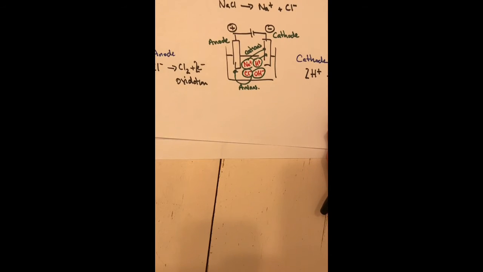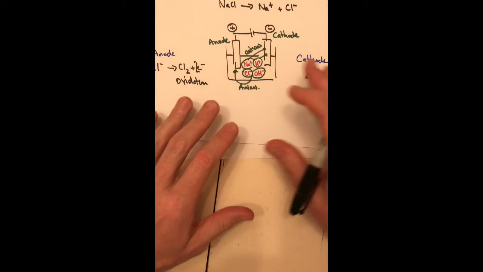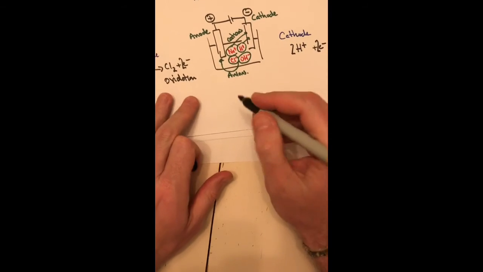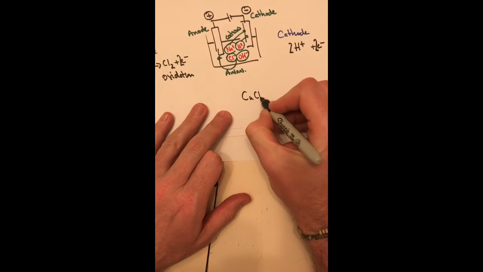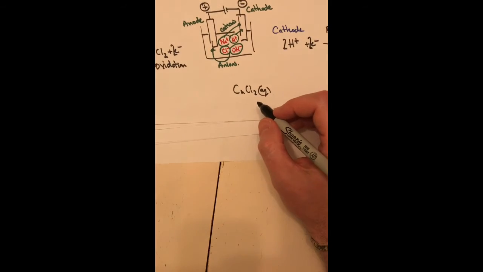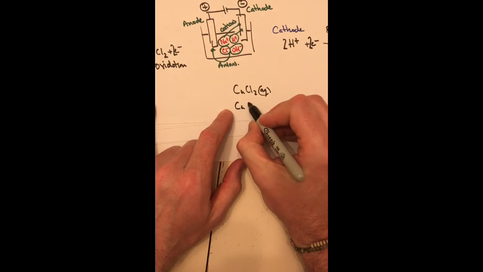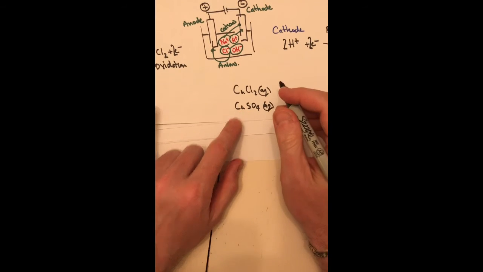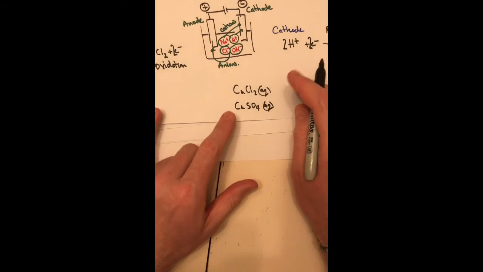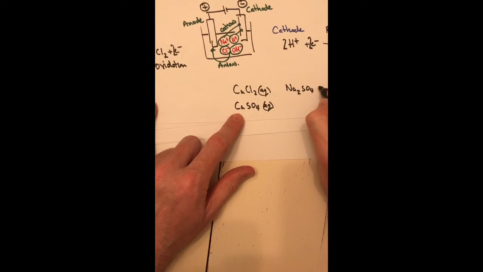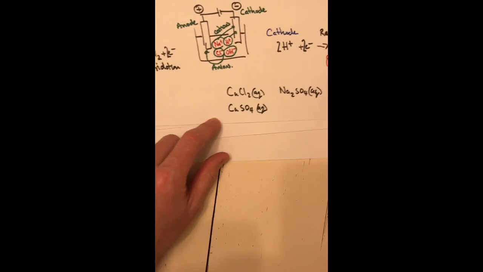Now, to do this, you need to be able to explain this process in a couple of examples. You need to be able to explain this process for copper chloride in solution, so CuCl2. We've just done sodium chloride. You have got copper sulfate, CuSO4, again in solution. And another one is sodium sulfate, also in solution.